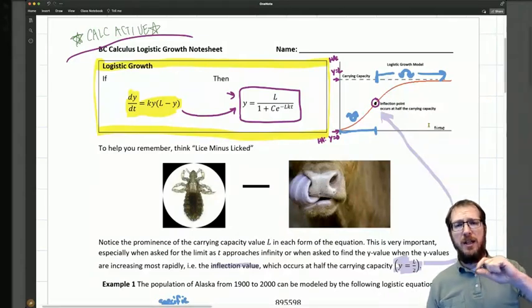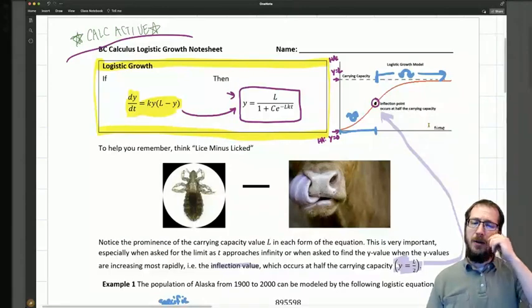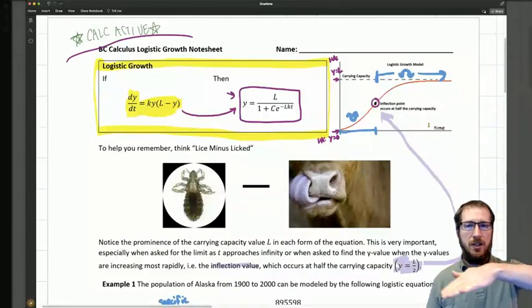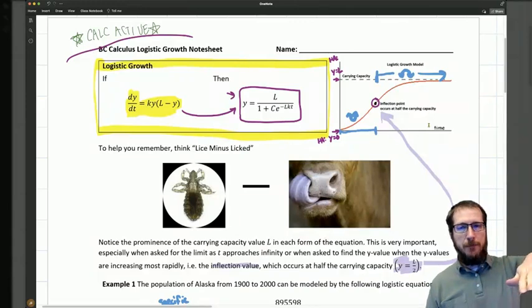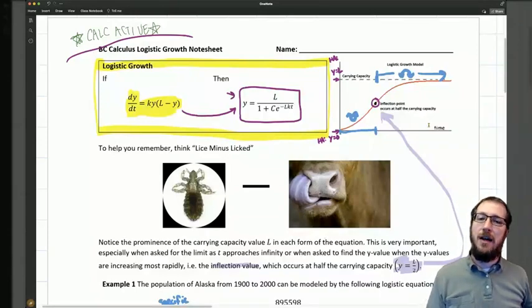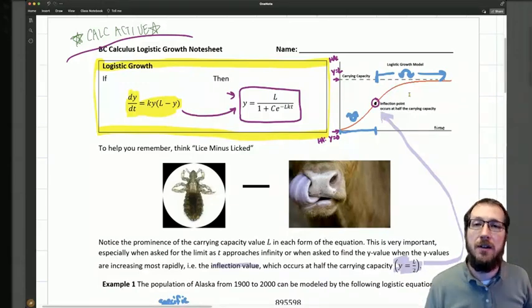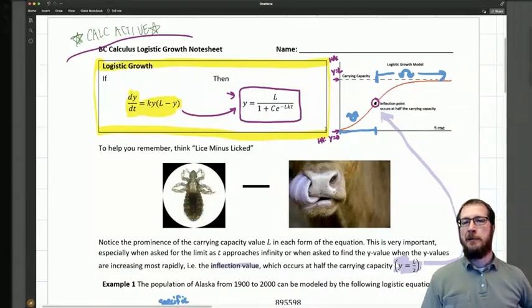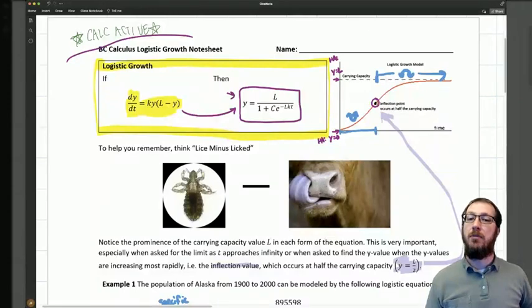There's also the inflection point, which is where it changes from acceleration increasing to acceleration decreasing, right? So that second derivative changes sign there. The function itself is still always increasing over time, but that inflection point is going to be right there. We're going to talk more about that in just a second.